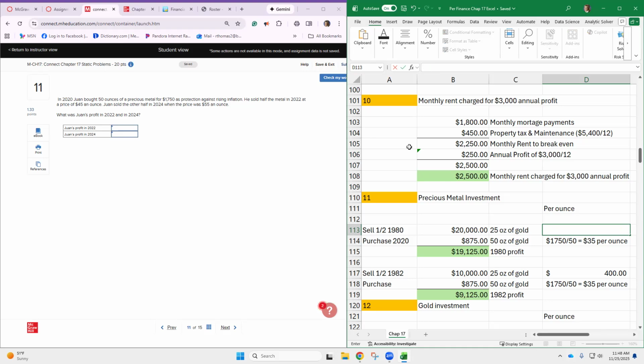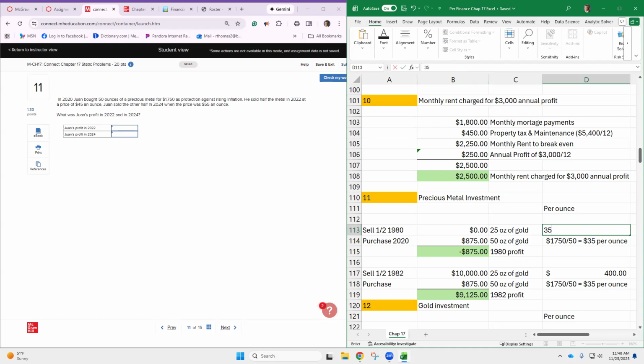Hang on. We've got to get an amount of how much. So she paid $1,750 for 50 ounces. So we've got to get an amount per ounce. If you take $1,750 and divide by 50, you get $35 an ounce.